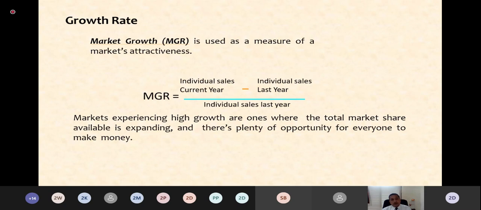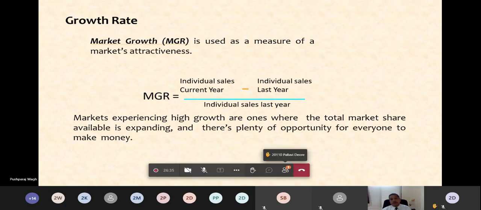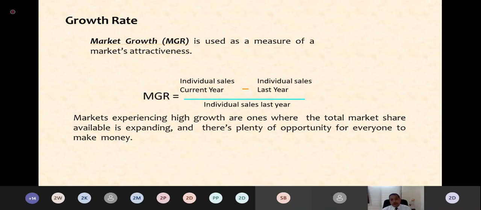When we plot this graph of time versus sales, there can be different stages along the timeline of how the sales are growing. If you see, there are 6 stages we have mentioned in this particular diagram.